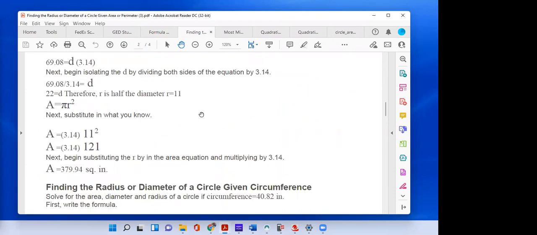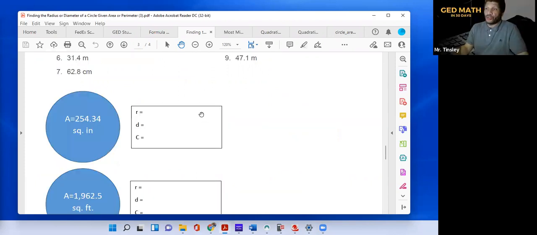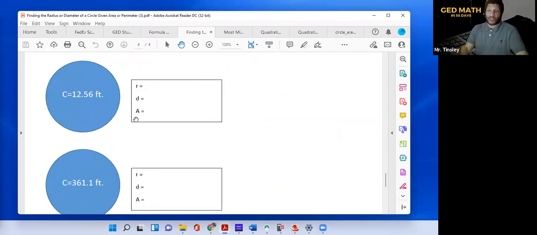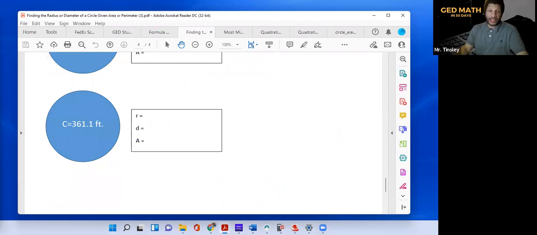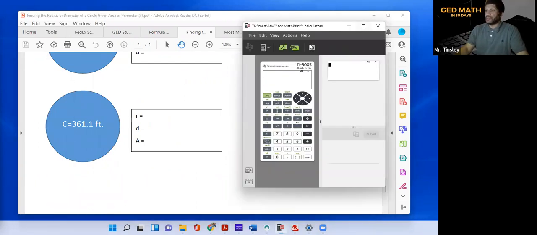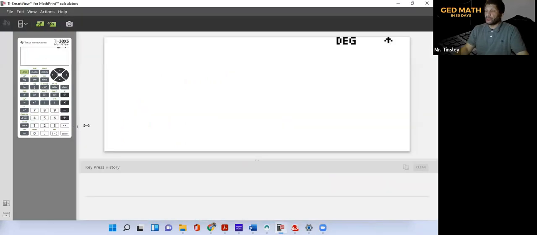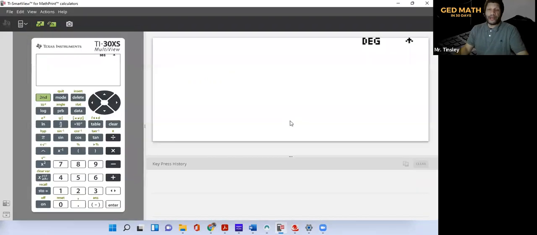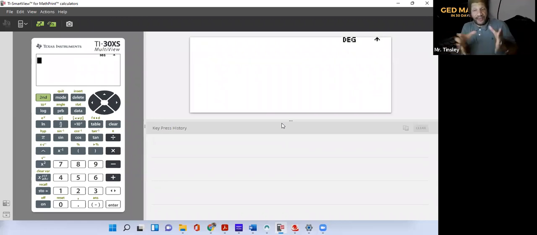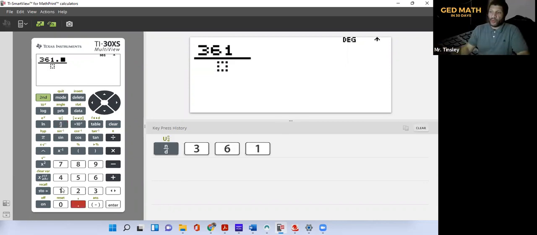So what you should see right away, if they give you circumference, I'm going to do this last one for you quickly on the calculator. Watch this, 361.1. To get the diameter, if they give me the circumference, all I need to do is divide by pi. So 361.1 divided by 3.14.